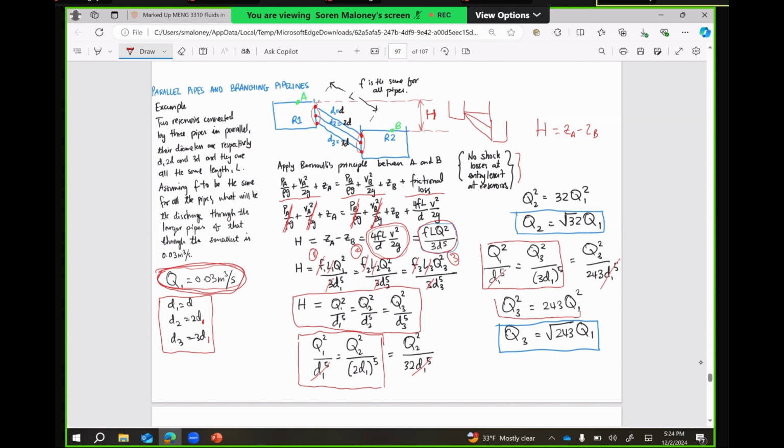So sometimes you need to recognize that this form of your frictional loss, you can represent it in that form, where you have FLQ squared on 3D to the 5th, which is also 4FL on dV squared on 2G.